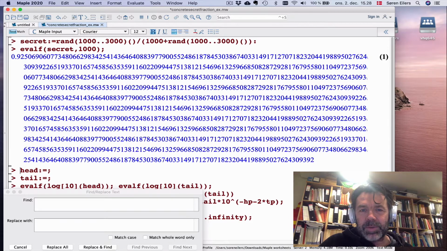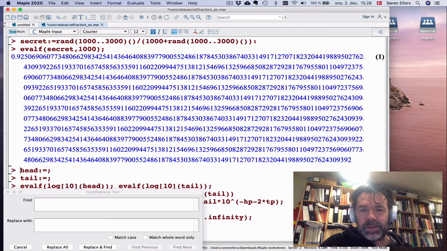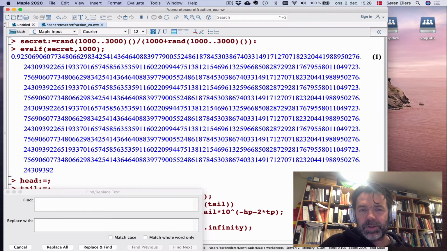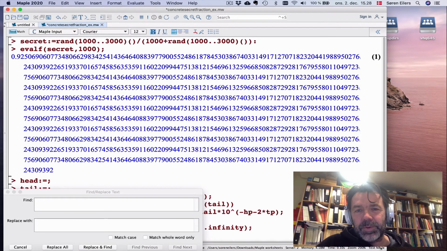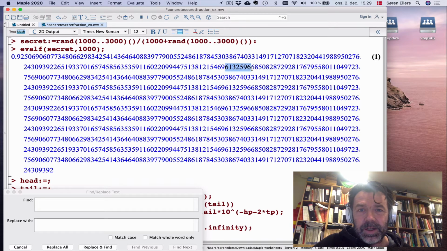And usually it helps a little bit if you can move things. I'm just rescaling the box a little bit, but the idea is that my eyes will help me find these patterns that now are quite evident. So I have, for instance, 6, 1, 3, 2, 5, 9, 6, and I have it again down here, and again down here, and so on.